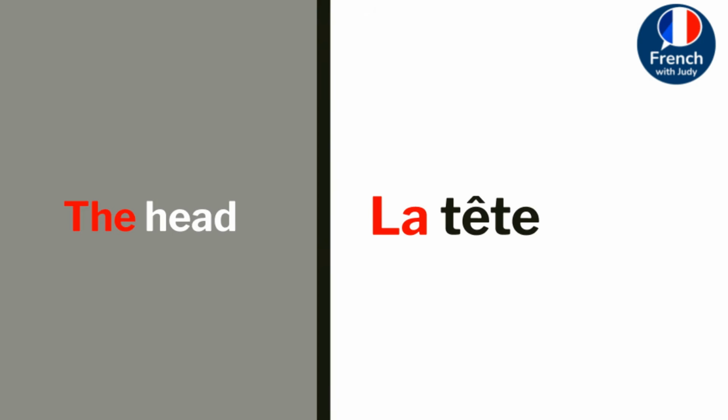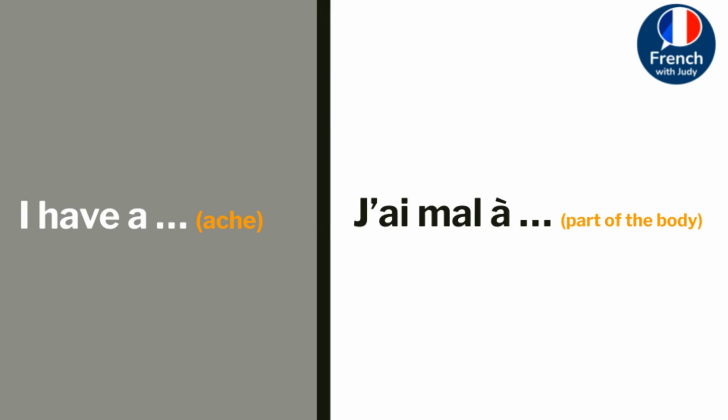The word, the head in French, is La tête. In French we say, J'ai mal à, followed by a body part. In English, we generally use the expression, I have an ache, to talk about specific types of pain.